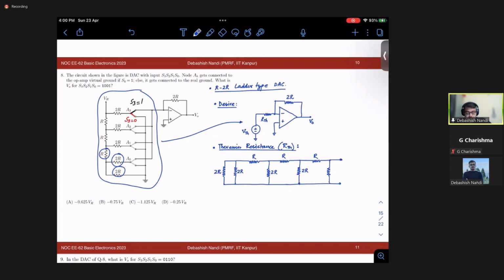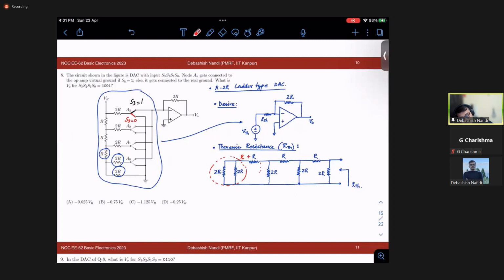So we needed to find out my RTH at this point. How do I find out my RTH? The way to do it is, you notice that these are in parallel, right? So it will be R. This R and this R will be in series, so it will be 2R.